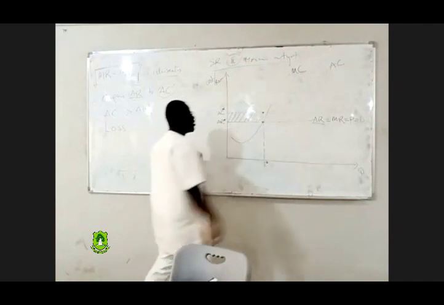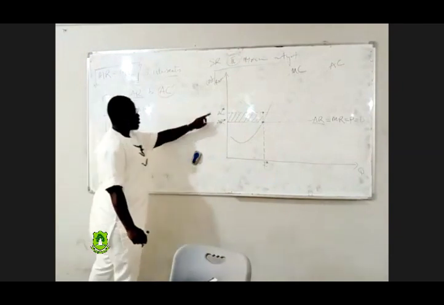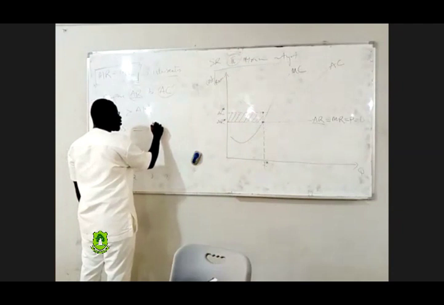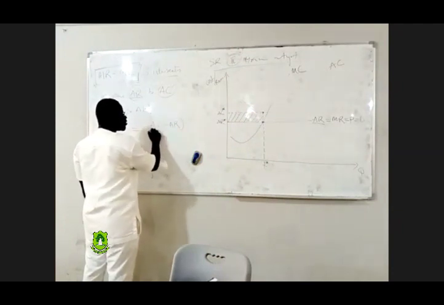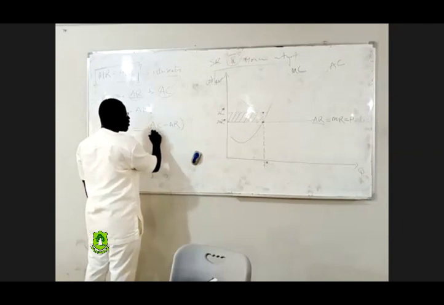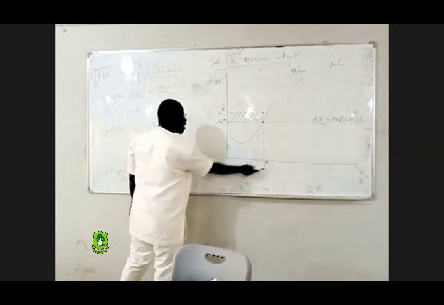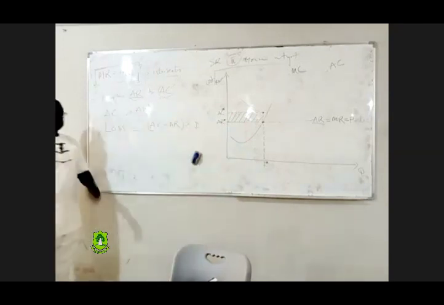So in the short run, the firm is making a loss of this particular shaded area. And that loss will be the average cost minus the average revenue, times your quantity.